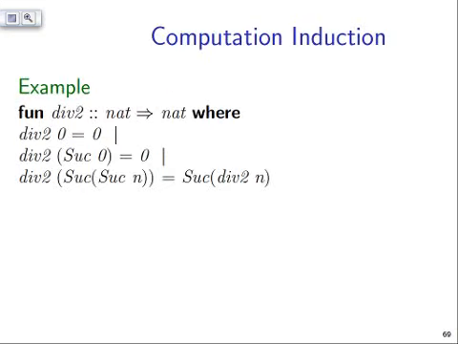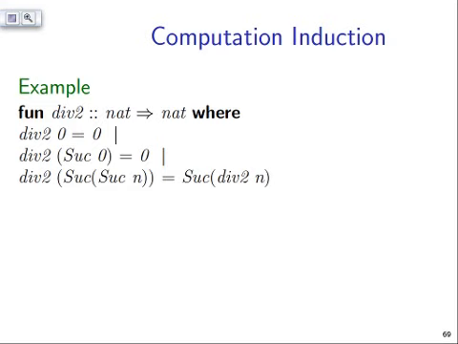And here's an example of something that's called computation induction. And why is it called computation induction? Because it follows the course of the computation of a function. In this case, it follows the course of the computation of the diff2 function. So diff2 on natural numbers, so division by 2, can be defined by 3 equations.